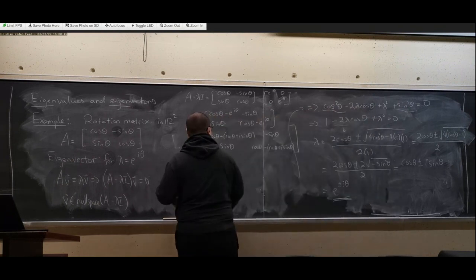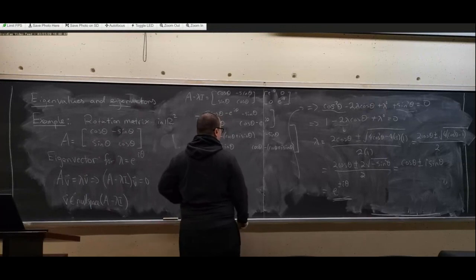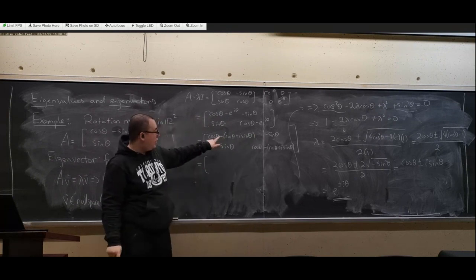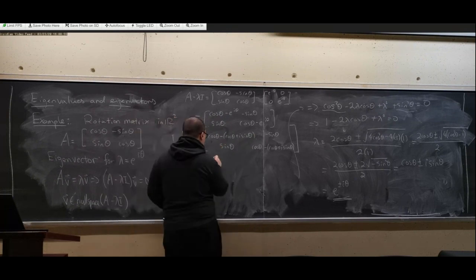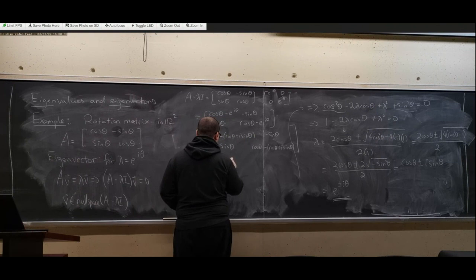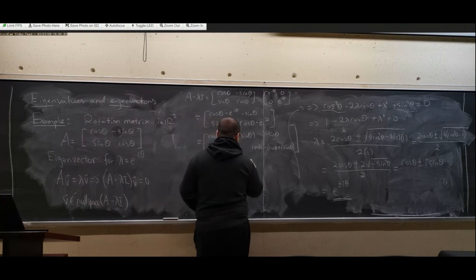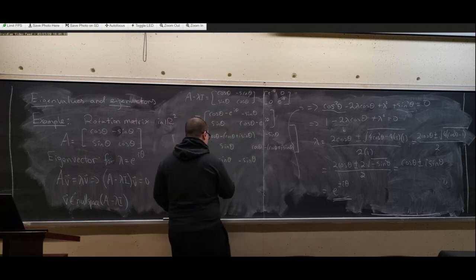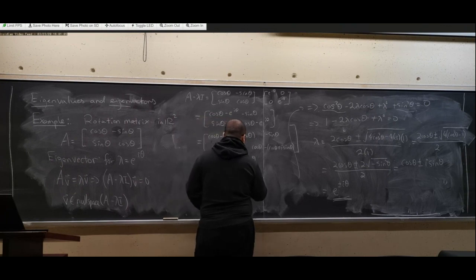Cosine and cosine cancel each other out, so this is just minus i sine theta, minus sine theta, sine theta, and minus i sine theta.